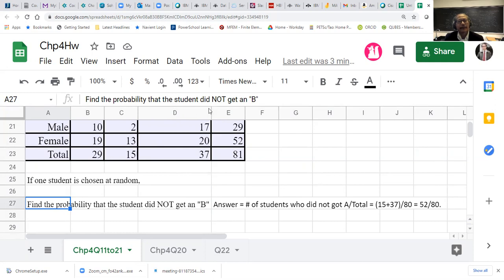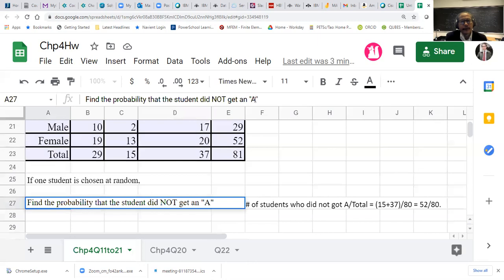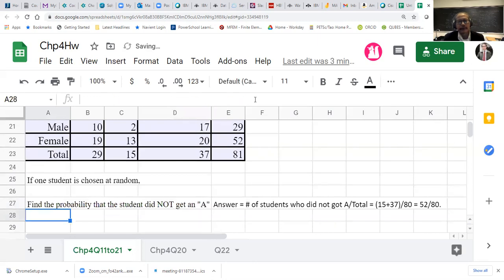So the probability of not getting A is 15 and 17, and 15 and 57. Right? So you need to add those two and then divide by the total, which is 81. Right? Okay.